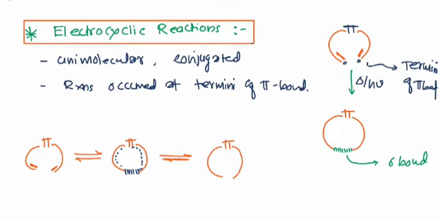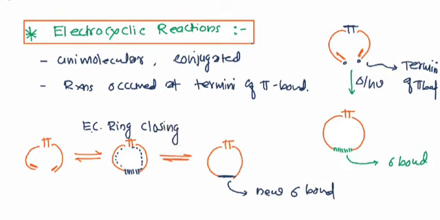This is the final product, and here this is the newly formed sigma bond. Now the forward reaction is called electrocyclic ring closing, and the backward reaction is called electrocyclic ring opening.